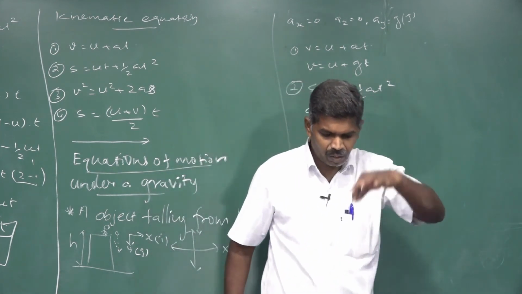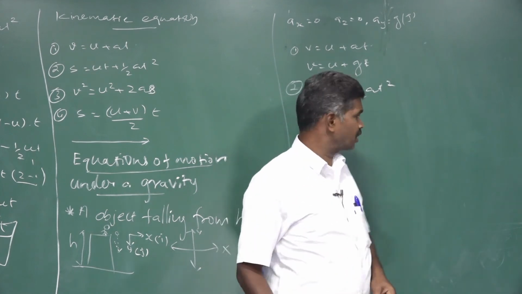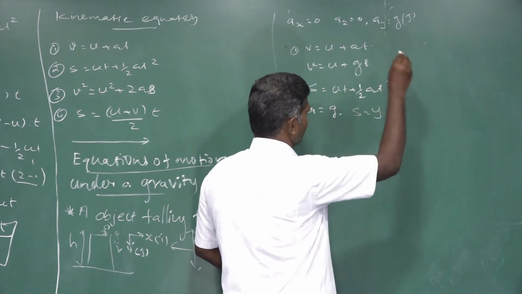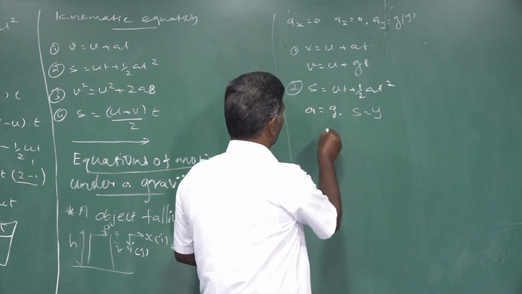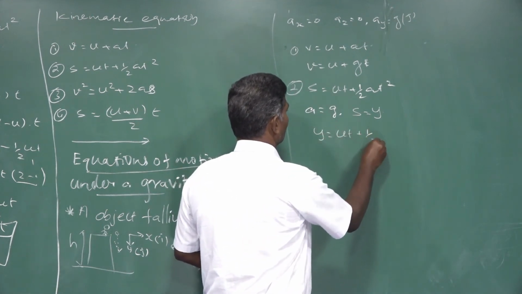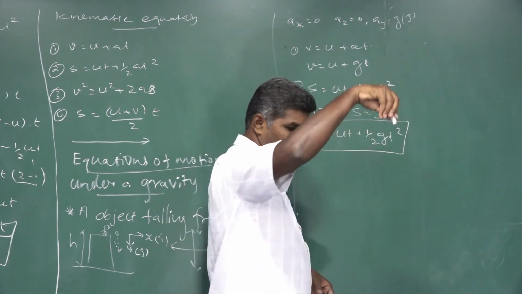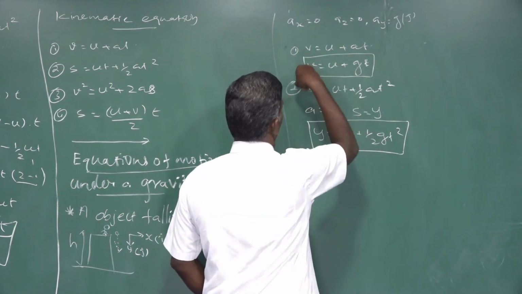So it is moving in the y direction. It will cover a certain distance. That's why the displacement is taken as s is equal to y, and the time as t. So if you substitute, we will get y is equal to ut plus half gt square. This is the second equation for a downward falling object.